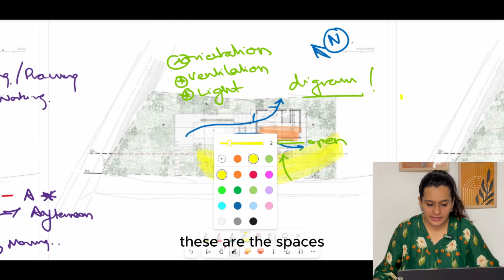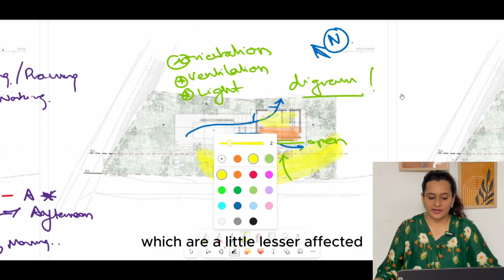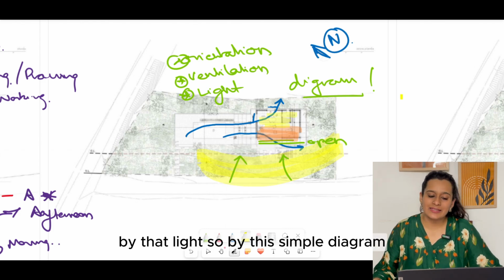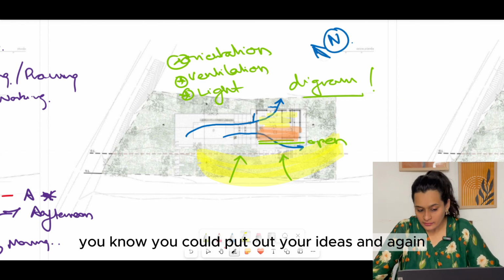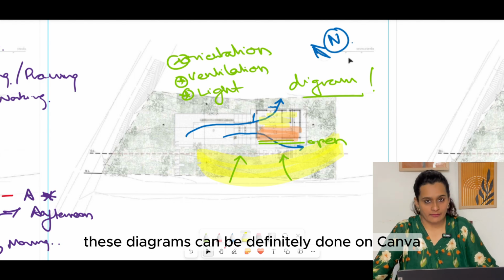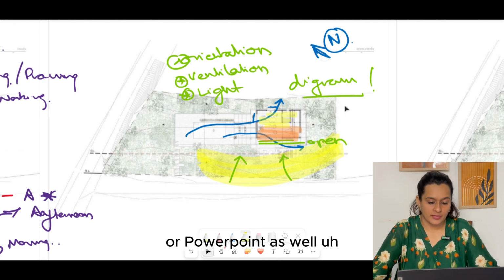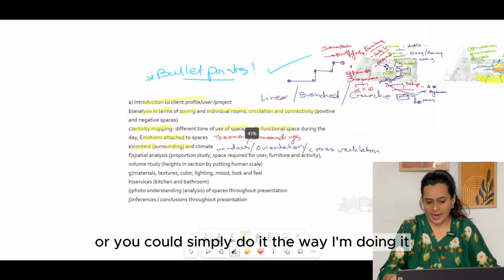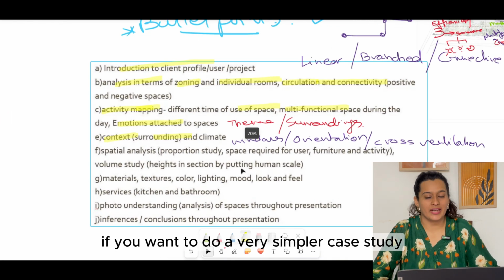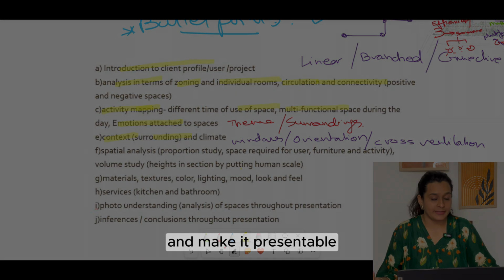And secondly, these are the spaces which are a little lesser affected by that light. So by this simple diagram, you could put out your ideas. And again, these diagrams can definitely be done on Canva or PowerPoint as well. They are both great tools, or you could simply do it the way I'm doing it if you want to do a simpler case study and make it presentable.